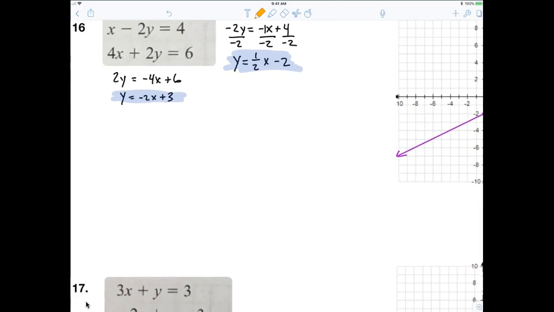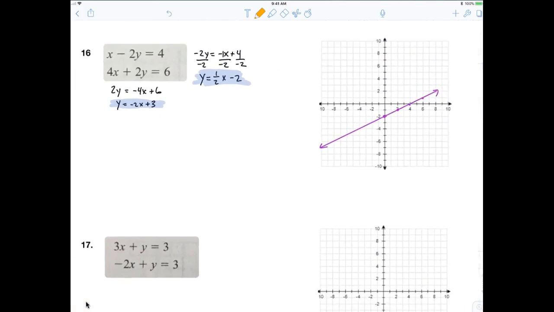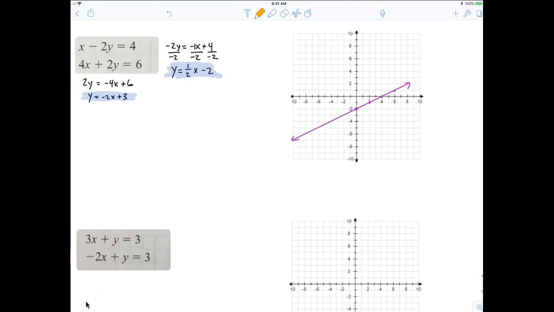All right, so now I need negative 2x plus 3. Katie, how do I do that? Right, I'm graphing this right here. Hey, you don't need to interrupt me. What am I doing, Katie? Up 3.